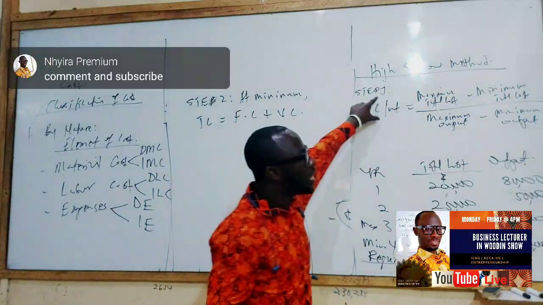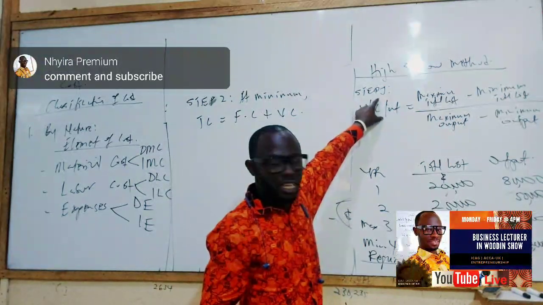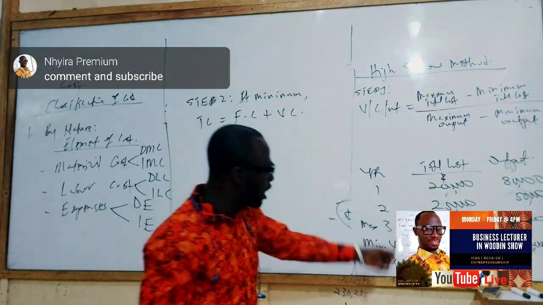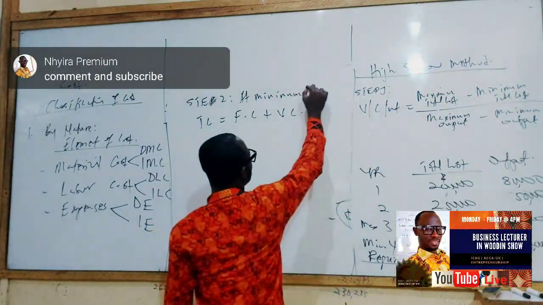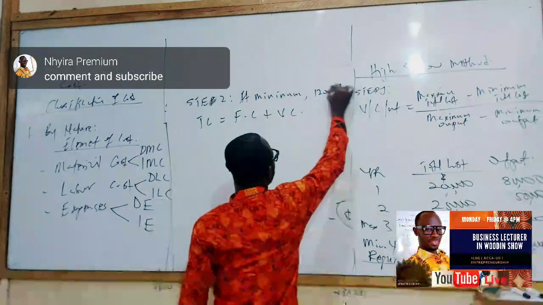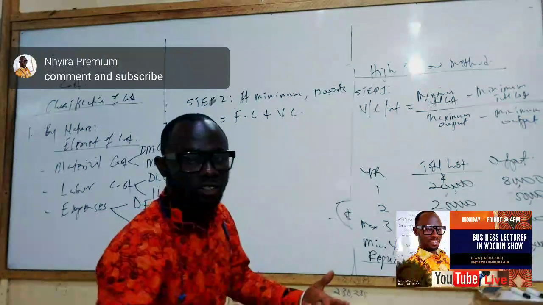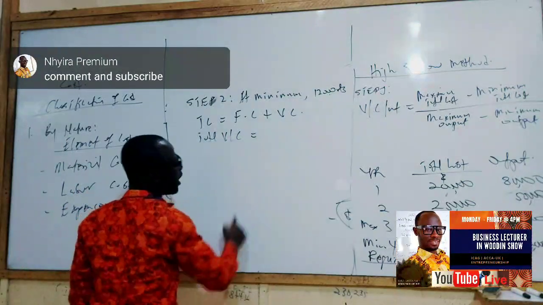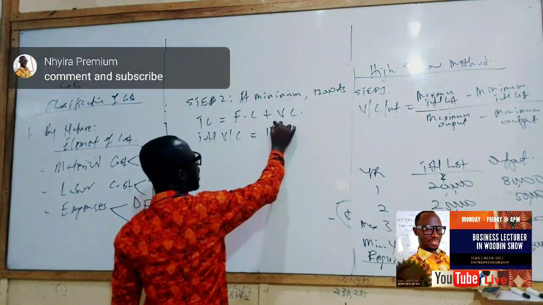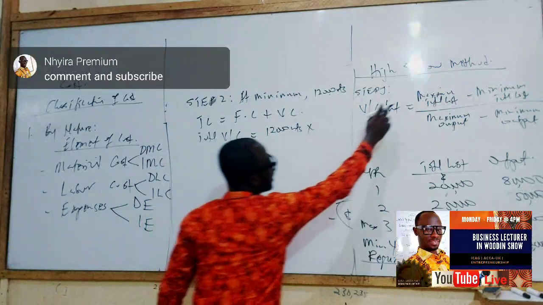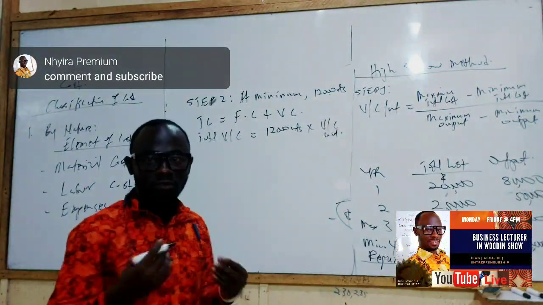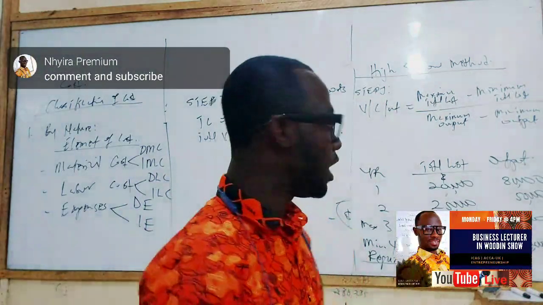Remember, you have already calculated the variable cost per unit from the 2 years. So in this question, at minimum will be the 12,000 units. So if at minimum is the 12,000 units, then your total variable cost is going to be the 12,000 units times the variable cost per unit you calculated in step 1.